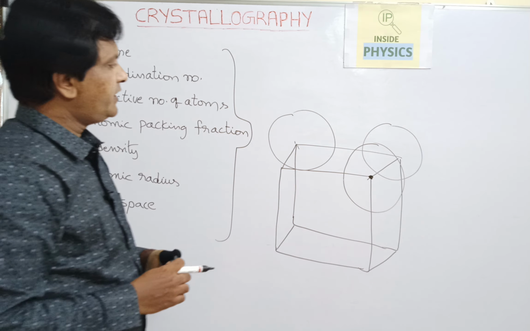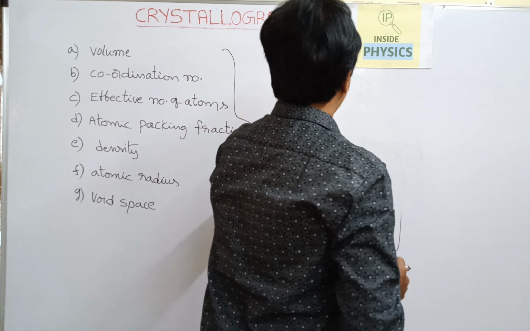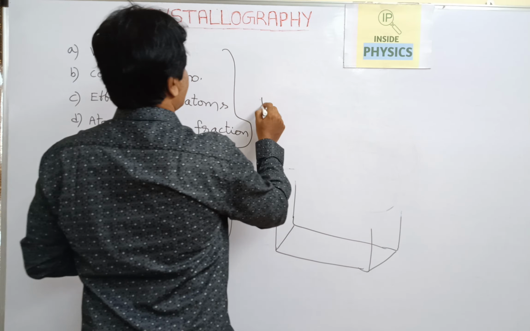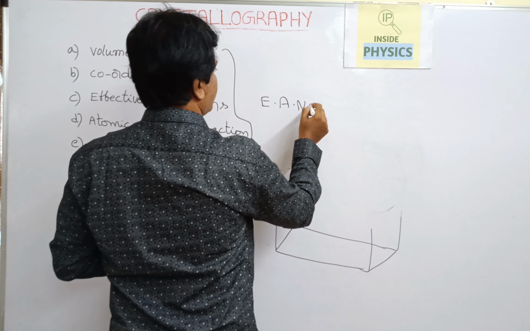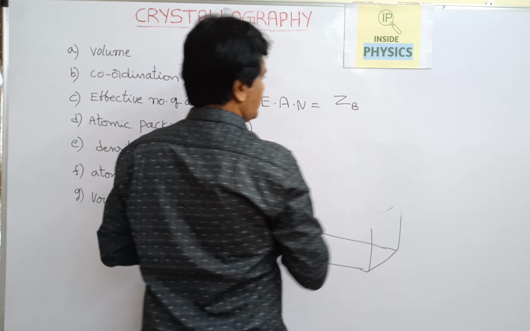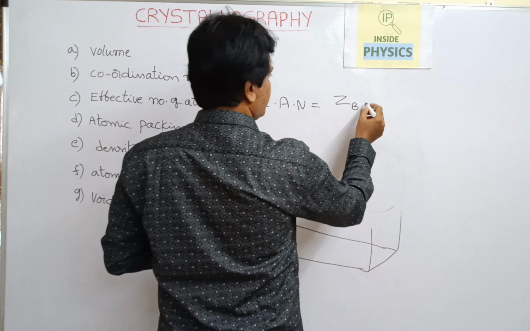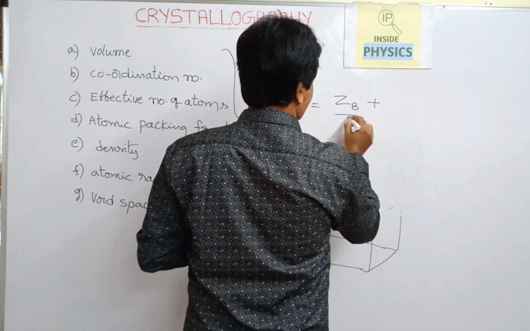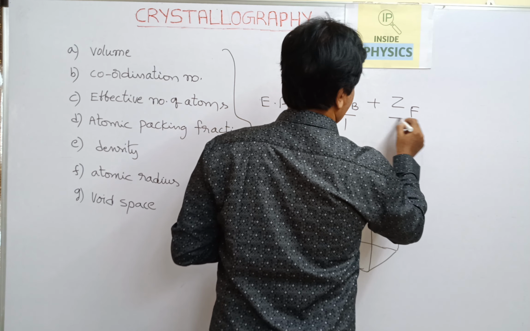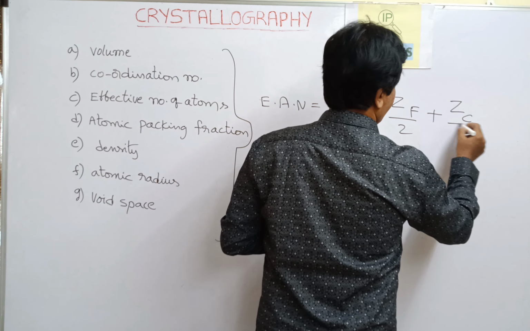Okay. So there is a relation to calculate this effective atomic number: Z effective is equal to ZB, the number of atoms in a body centered cubic lattice, plus ZF, the number of atoms in a face centered cubic lattice, plus ZC, the number of corner atoms.